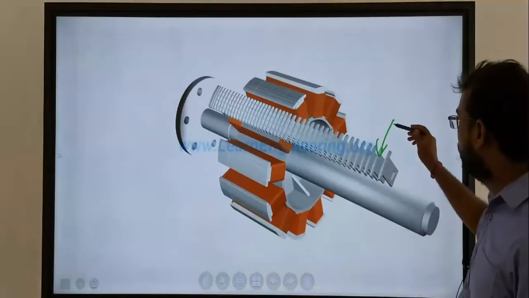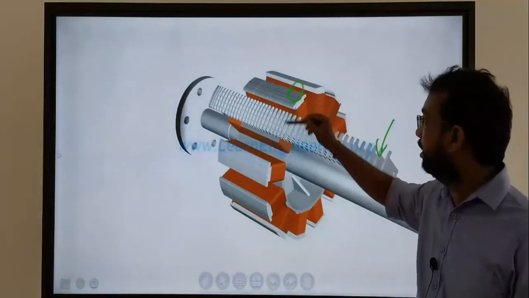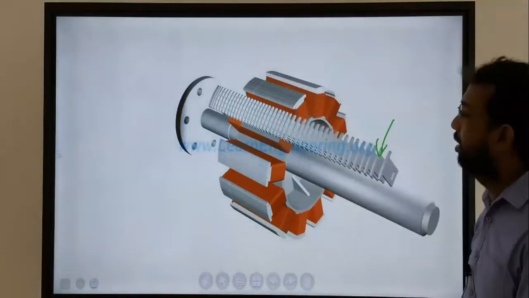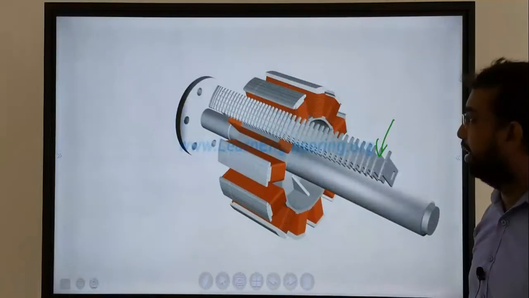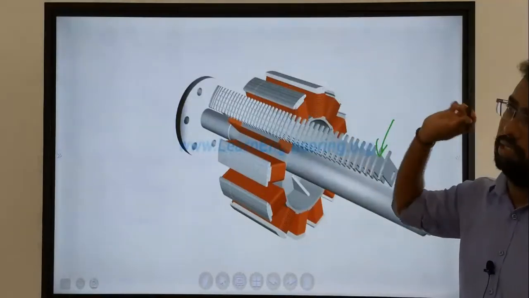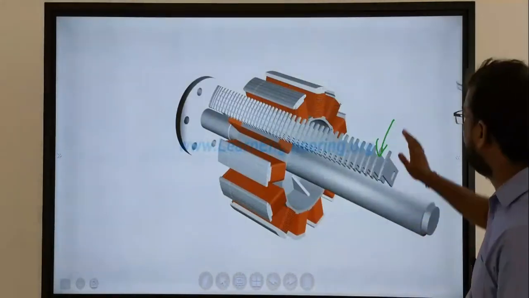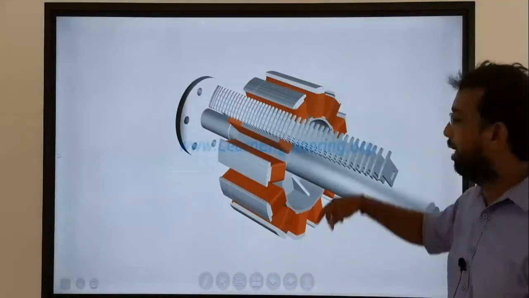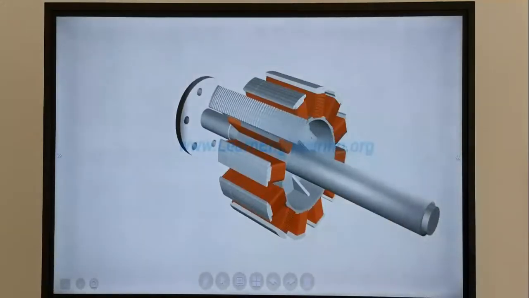So eddy current loss means there is some loss. Normally in this kind of arrangement, the eddy current loss is reduced. So in the output current, if the eddy current is lost, what will happen? The stator induced current is also going to reduce. That's why this kind of construction needs this core, to reduce the eddy current loss.